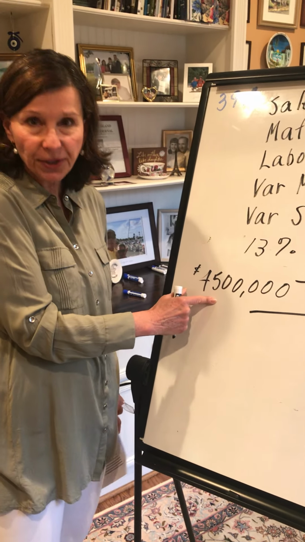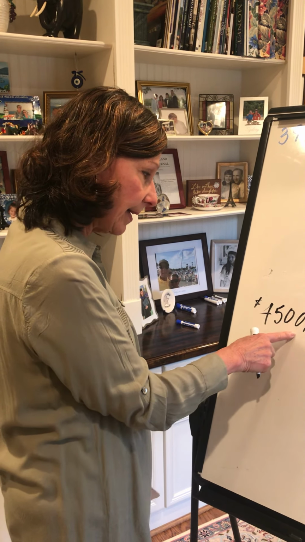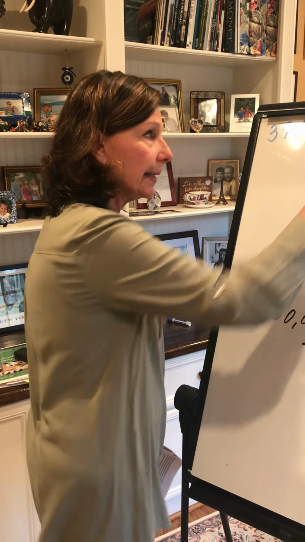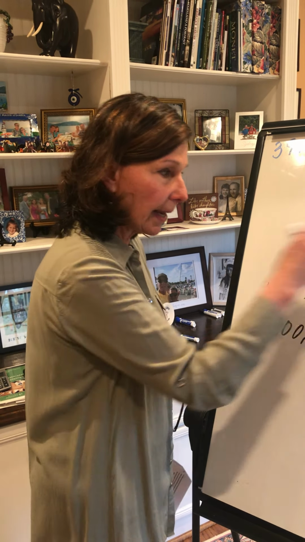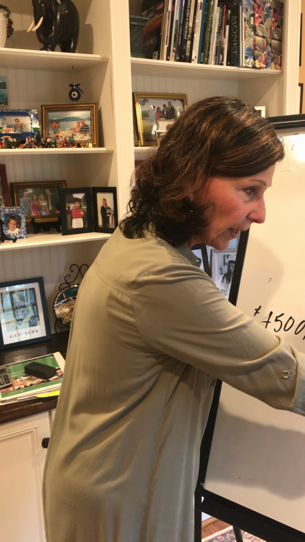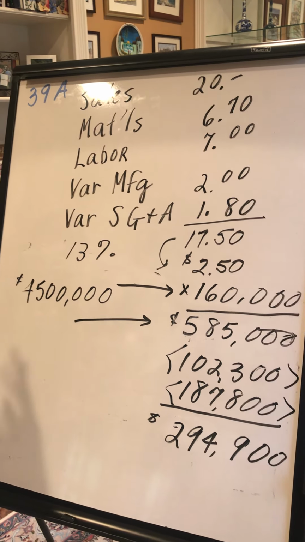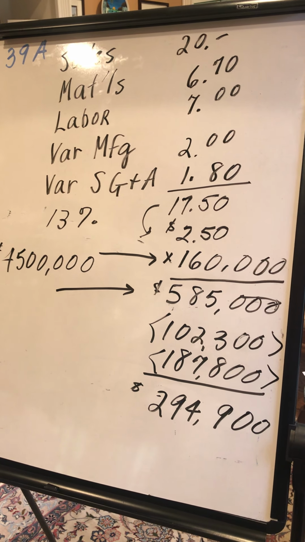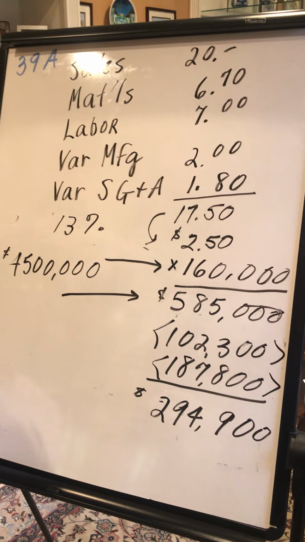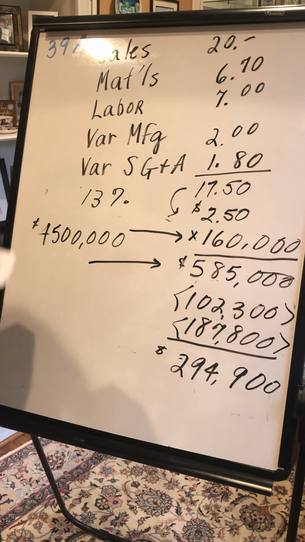So I used a percentage in this case. I could have also divided this by $20 a unit to figure out how many units they sold, and I could have done it the other way, contribution margin times the number of units. So there's more than one way to solve these problems. Again, no new calculations, although we're looking at it more from a total perspective.